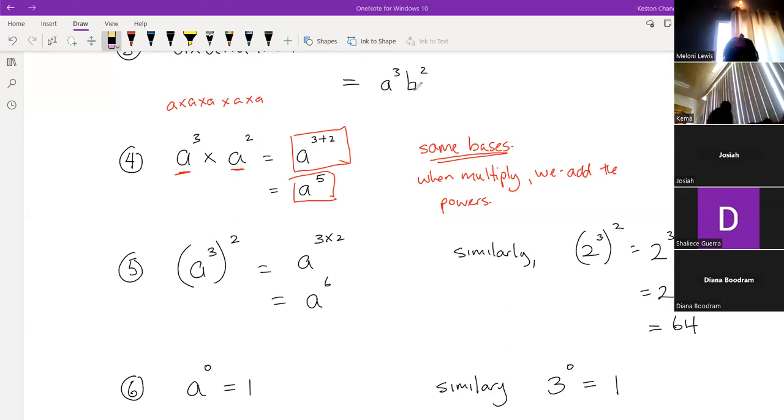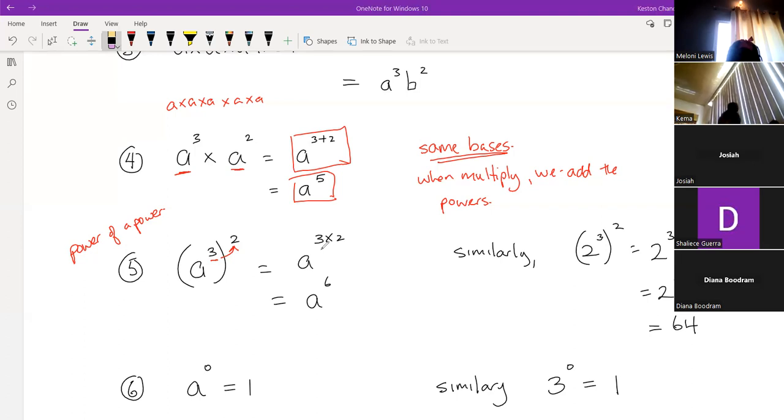So that's number 4. The other rule, number 5, we call this one the power of the power rule, or index of an index or exponent of exponent. Here, what we are doing is we are raising this power of 3 to the power of 2. So a to the power of 3 raised to the power of 2.